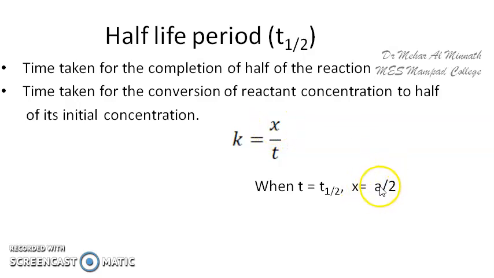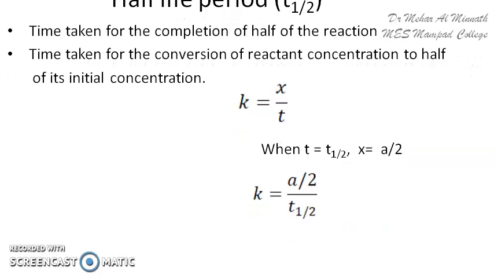Okay, x will be equal to a by 2. You can substitute this in the integrated rate equation. You get k equal to a by 2 by T half. Right, the rate constant k is equal to a by 2 by T half. Now you can simplify that, and you will get k equal to a by 2 into T half. Or you can rearrange this and you get the expression for T half.